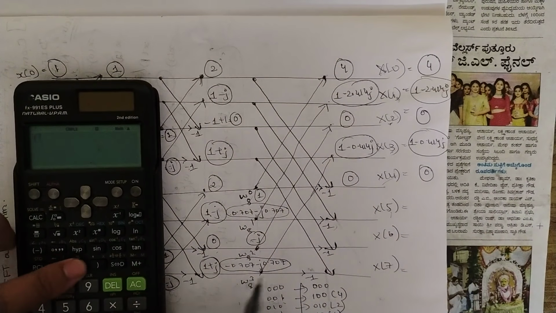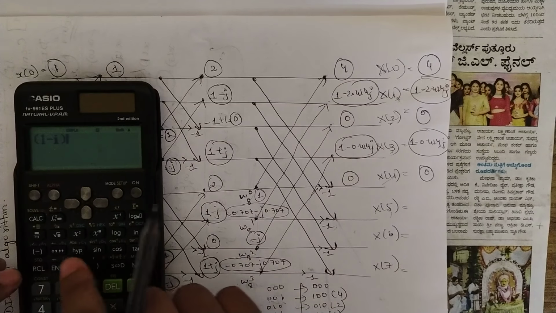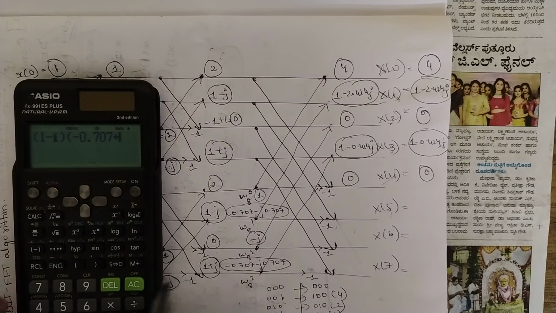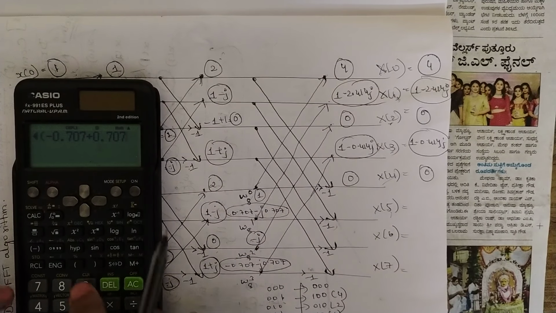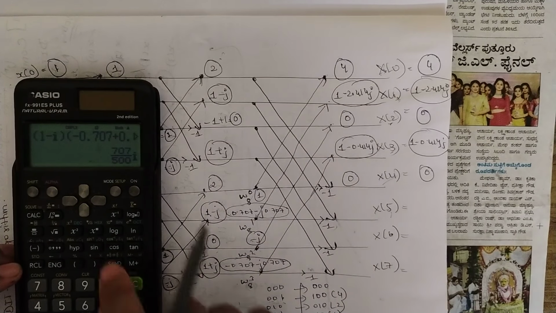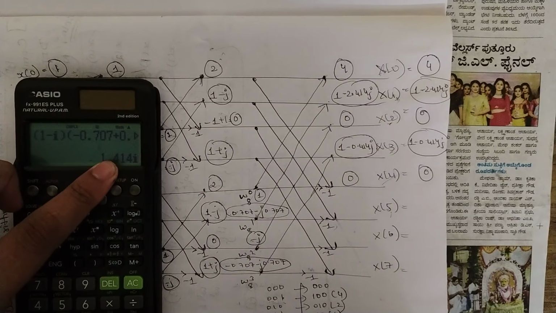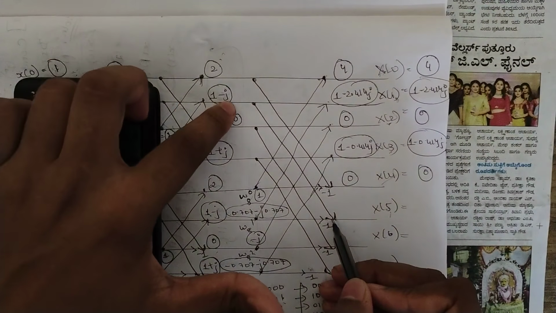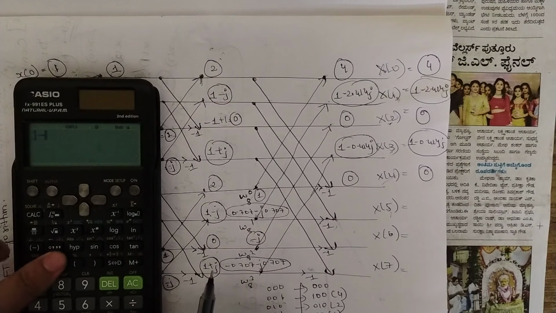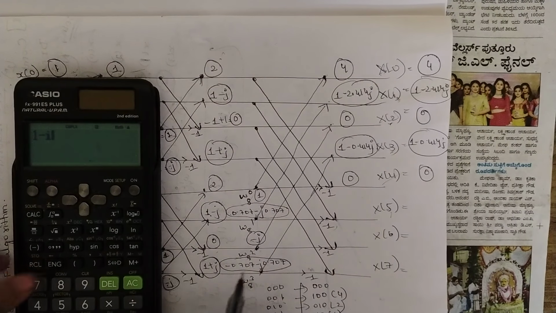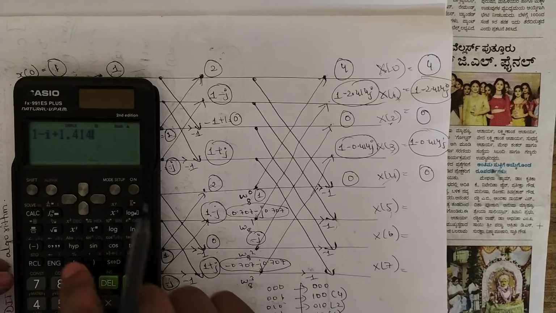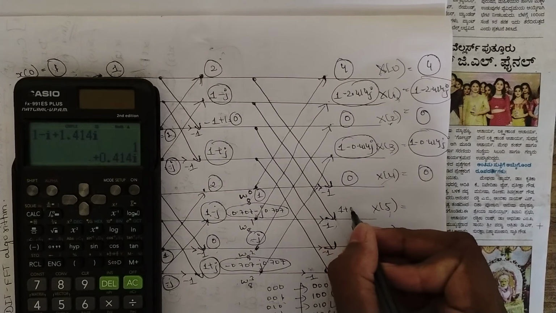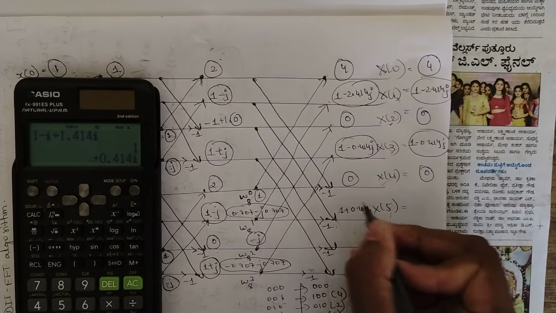So that's why 1 minus j into minus 0.707 plus 0.707 into j, that is equal to plus 1.414 j. Okay, here we have, along with that we have 1 minus j. So 1 minus j plus 1.414 j, that is 1 plus 0.414 j.